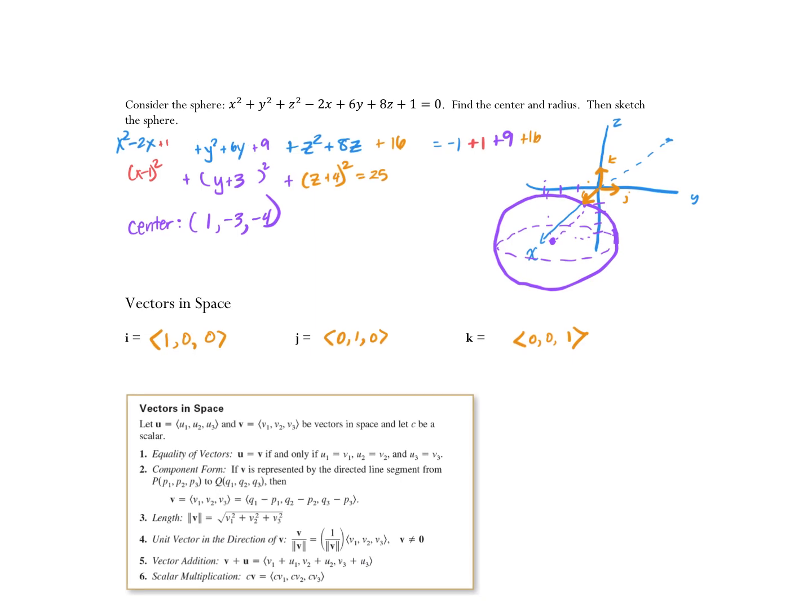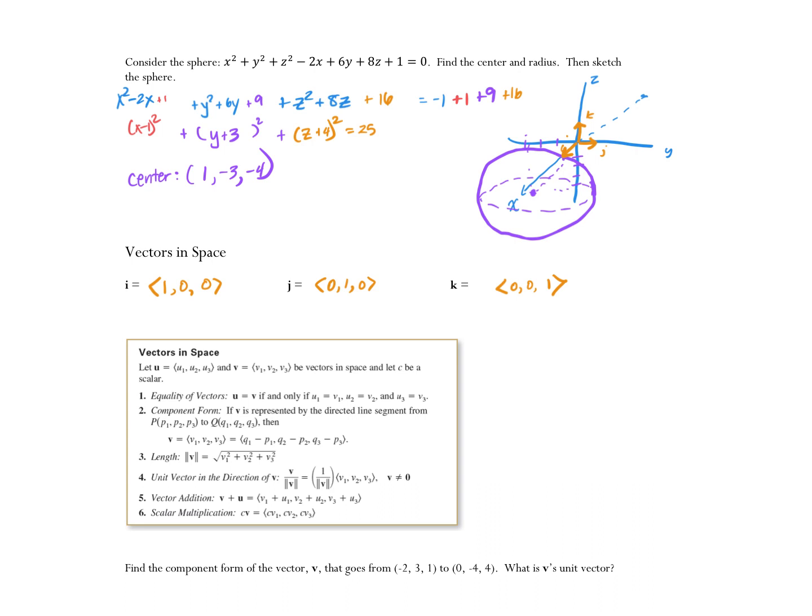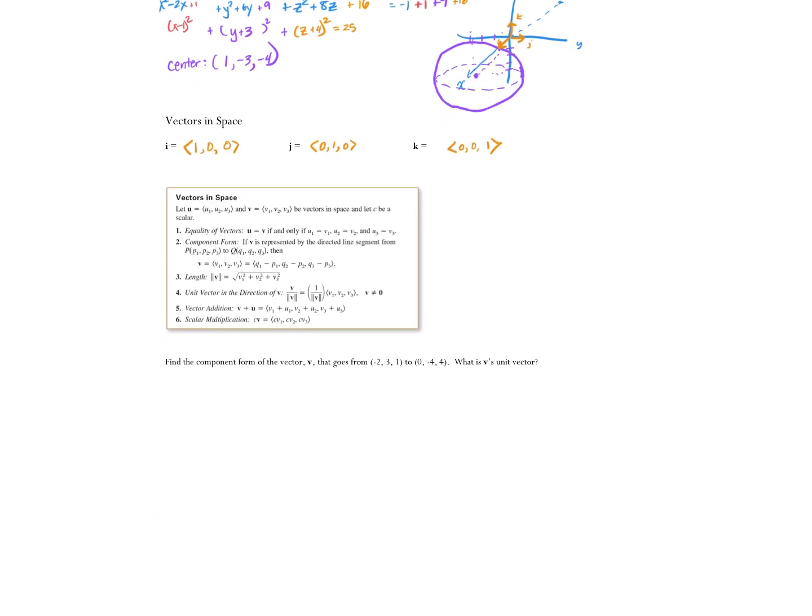And essentially what this table is saying is almost everything that applied in 2-dimensional vectors will apply in 3-dimensional vectors. So, for example, if I want to find the component form, I'm now going to have 3 components instead of 2, one in each direction.